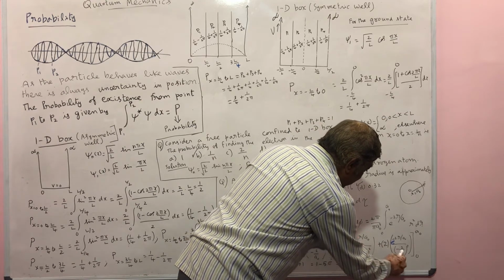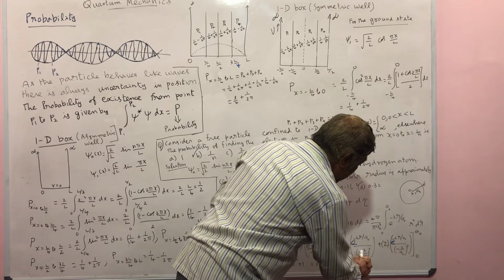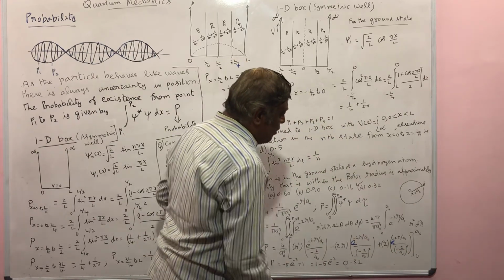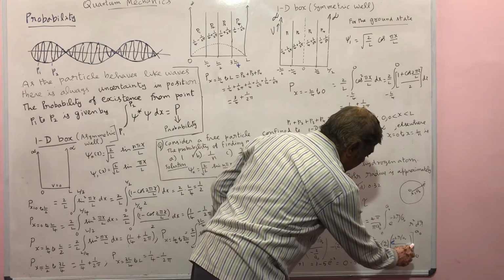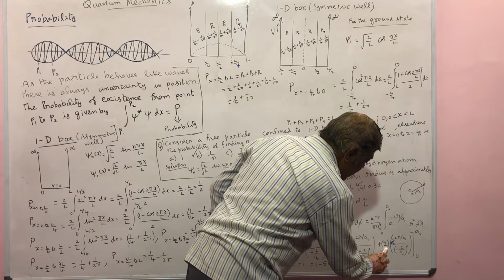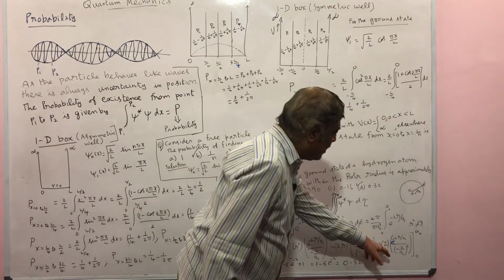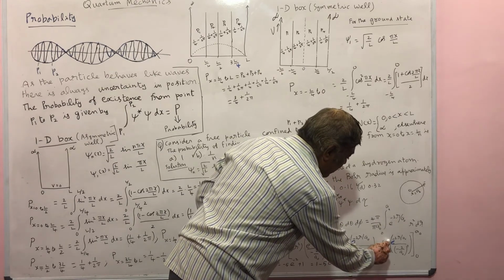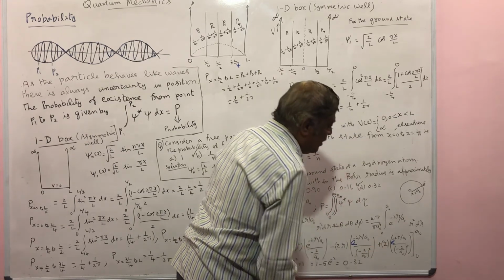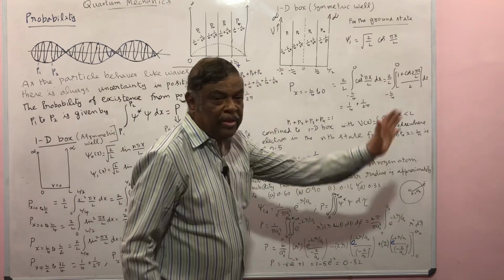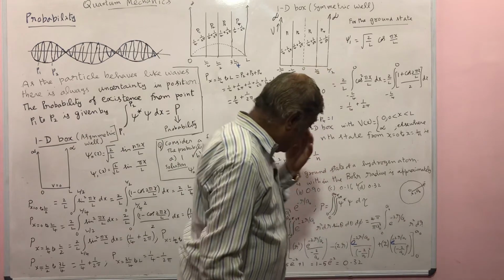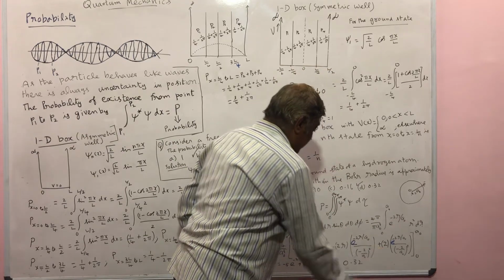If you integrate again, this will be e power minus 2r by a0 by minus 2 by a0 whole cube. Then the next term, you put a minus and you differentiate this part. If you differentiate the constant, it will be 0. So once you attain a constant here, then you have to stop. You will not go further, because if you go further, you get 0. So you have to stop up to here.